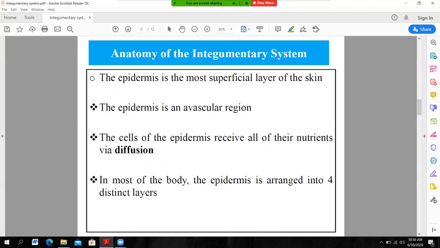The epidermis is the most superficial layer of the skin. No vessels or capillaries are found in the epidermis because of the lack of blood vessels. So the cells of the epidermis receive the nutrients from the dermis by means of simple diffusion.